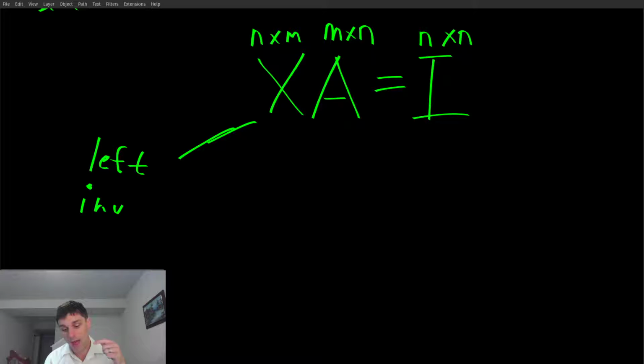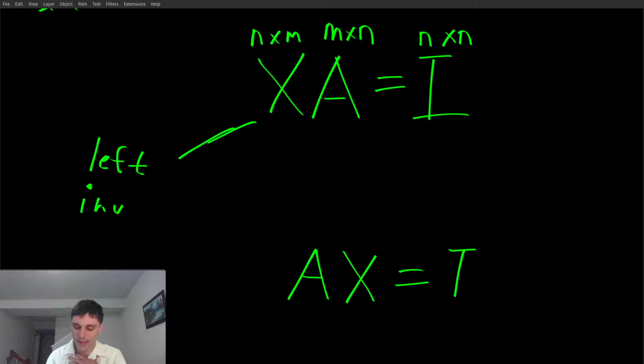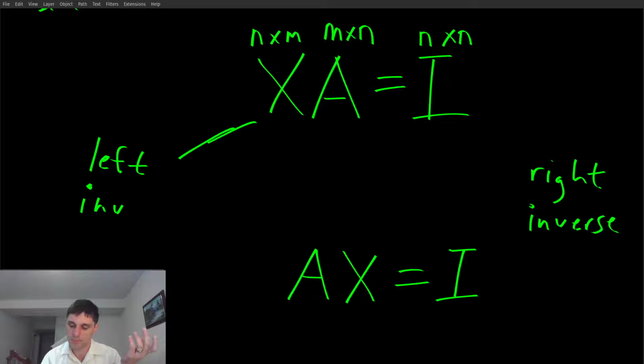Going the other way, if you have the case that A times X is equal to I, like this, that's the right inverse. This X over here is the right inverse.